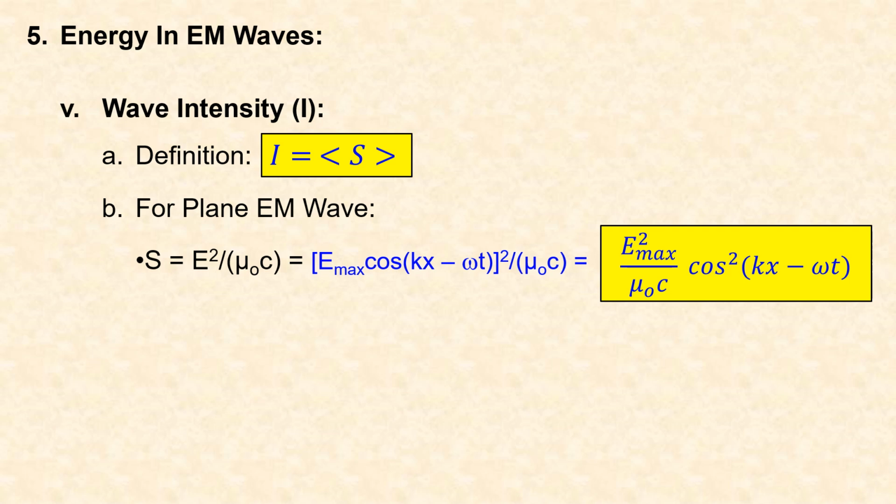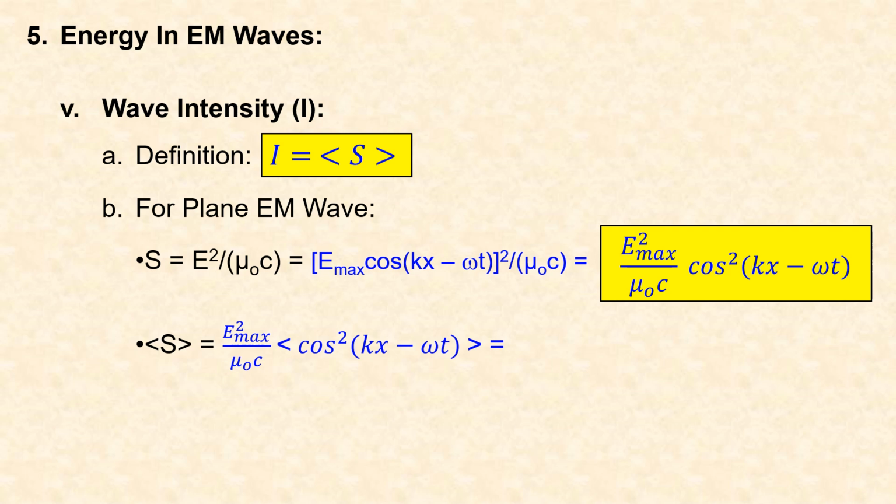So how do we get the average value of that? We need to find the average value of that cosine squared function. As we saw in the previous slide, whereas the cosine function oscillates between a value of -1 and +1, giving it an average value of 0, the cosine squared function oscillates between a value of 0 and 1, giving it an average value of 1/2.